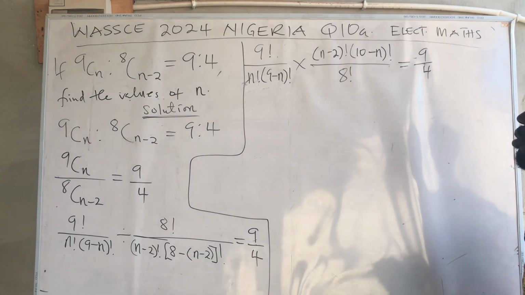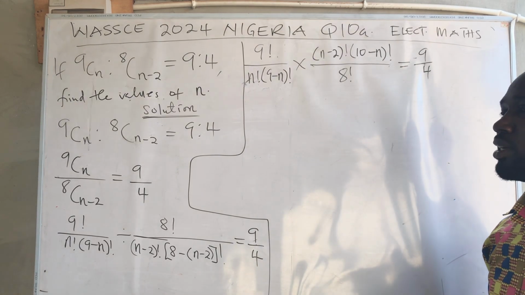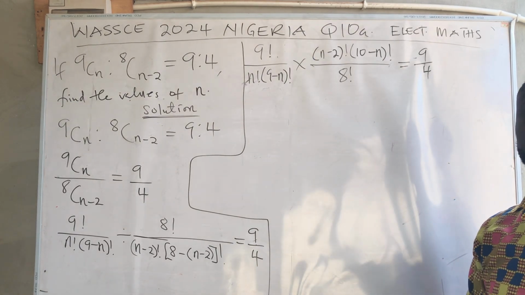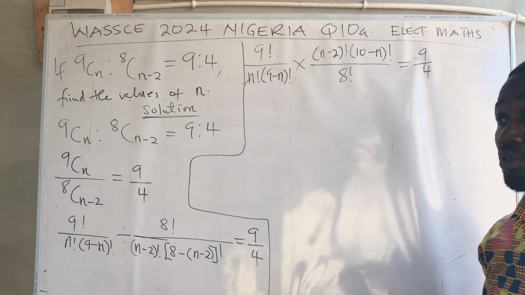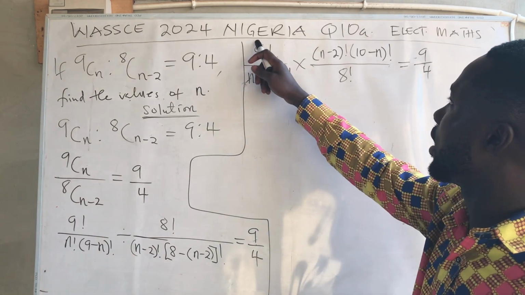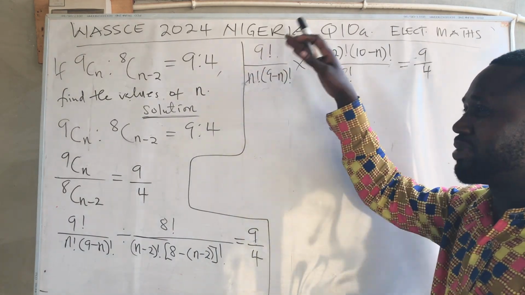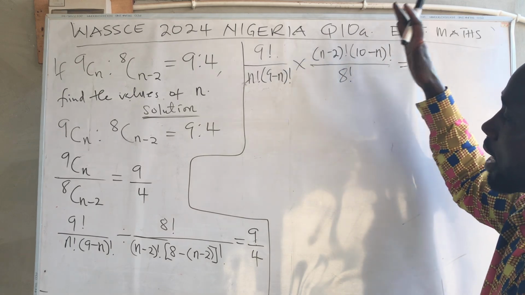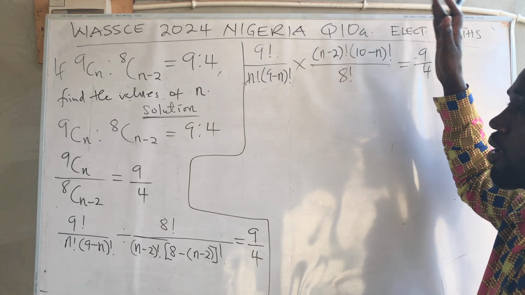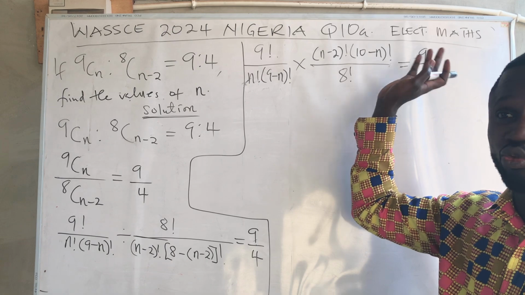So what we are going to do is to write in such a way that we cancel out some of the factorials and then we simplify and solve. So let's see, we have 9 factorial here. 9 factorial is the same as 9 times 8 times 7 times 6 times 5 times 4 times 3 times 2 times 1.